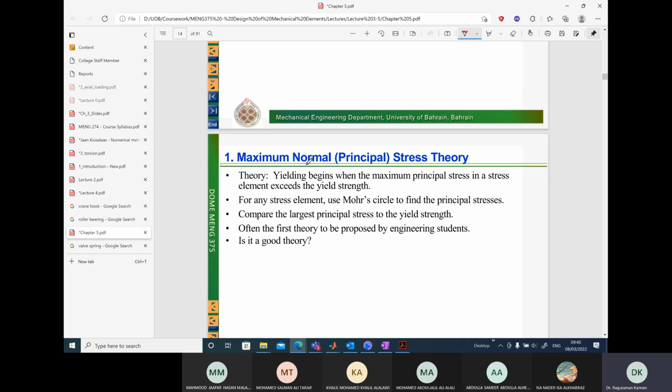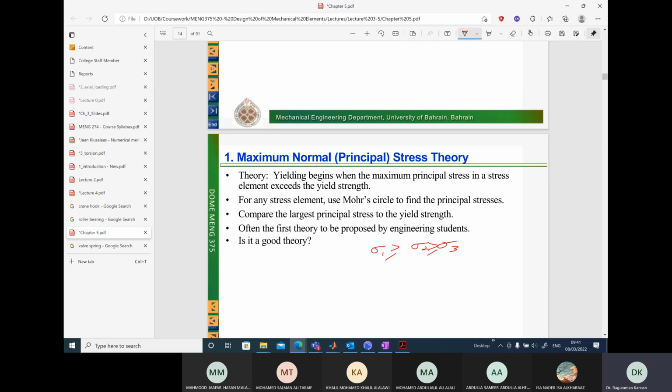We can find these principal stresses if it is a complete 3D problem. We have to solve a cubic equation using MATLAB and obtain the principal stresses. If it is a 2D problem, we can use the Mohr's circle method to obtain the principal stresses, or we can use the formula directly. Then once we have the principal stresses, we arrange them in a particular order, sigma 1, sigma 2, sigma 3.